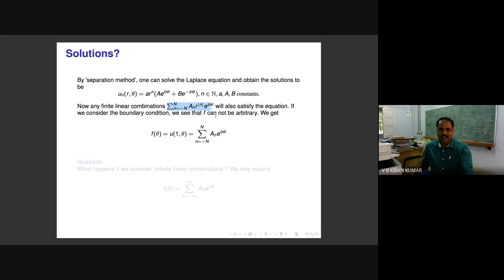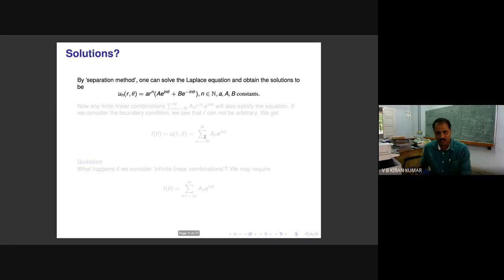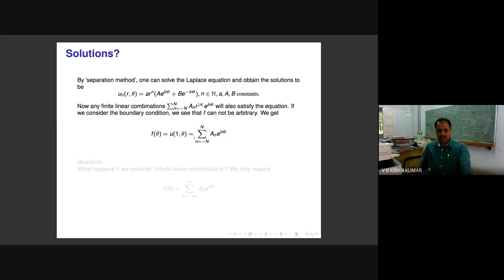Now if you apply the boundary condition to this solution, say u(r, θ), then at the boundary, u(1, θ) is given to be f(θ). So f(θ) should equal u(1, θ), and you will obtain a finite linear combination of exponentials, the trigonometric functions. So f(θ) should be the sum from minus N to N of a_n e^{inθ}.